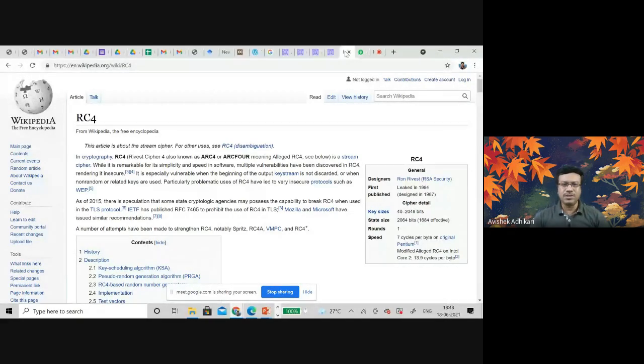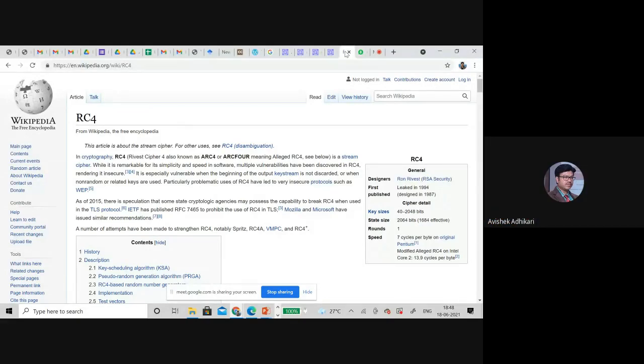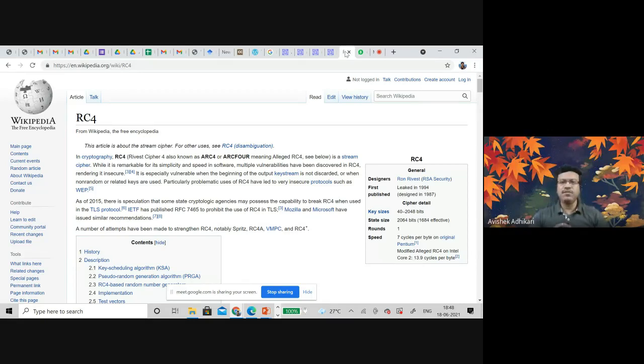Currently it is not used anymore for any practical purposes, but RC4 was one of the most favorite stream ciphers of all time, because it's very simple to implement from both software and hardware viewpoints. It's very fast and it was quite secure, but a few interesting attacks have been mounted on it.